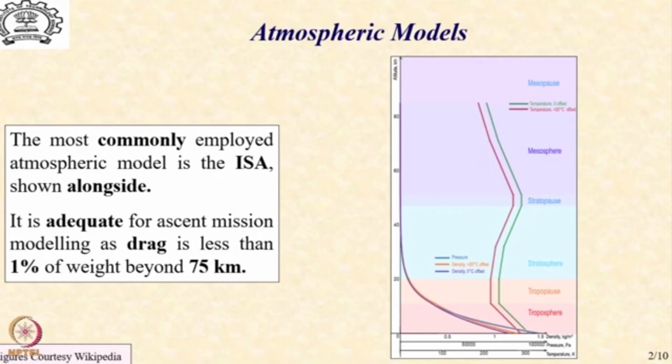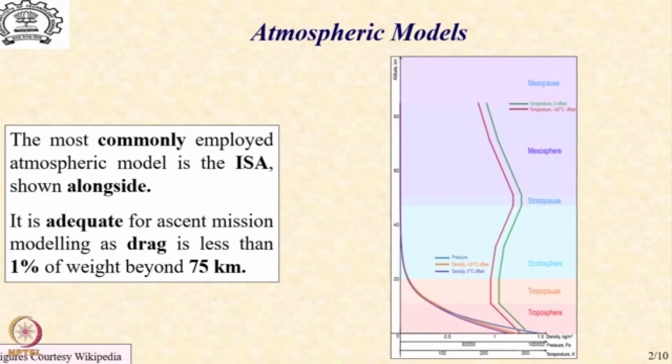In the present case, we are going to focus more on the drag modeling, assuming that the static pressure will be taken care by suitably calculating the ISP of the rocket motor.